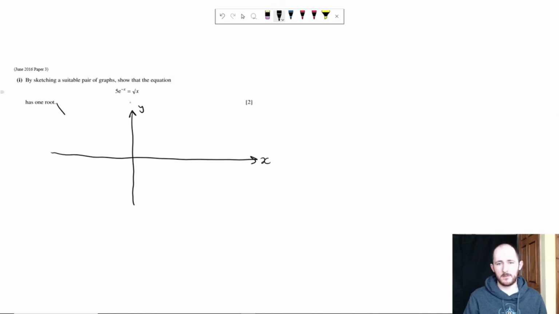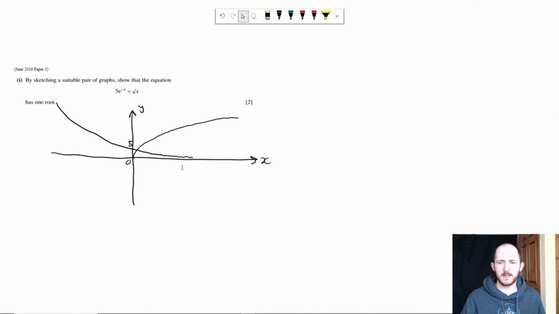So it starts from plus infinity and it goes along this, and it will go on forever, and this would obviously be 1. And the square root x graph actually starts down here, and actually this would be 5 because it's times by 5. This would be something that looks like that. Okay, and that starts at 0 because the square root of 0 would be 0.